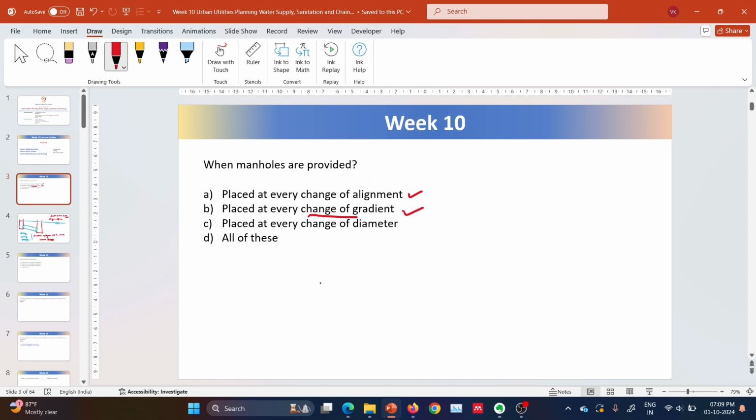When there is a change in the gradient, then we can provide manholes.